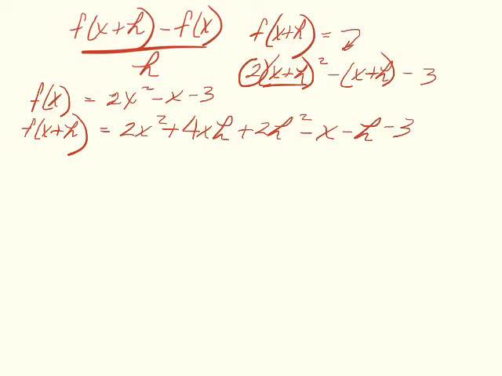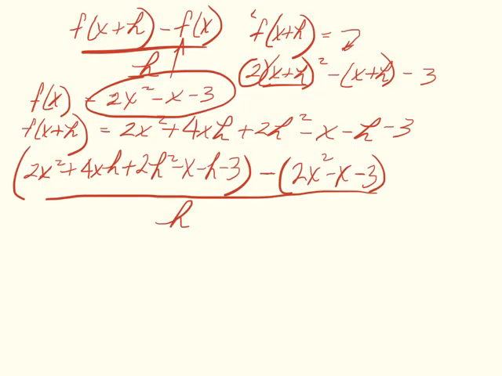Now we have to take our f of x and put it here and put that over h. So let's do that. 2x squared plus. So we end up with this right here. There's my f of x plus h from here, minus f of x.